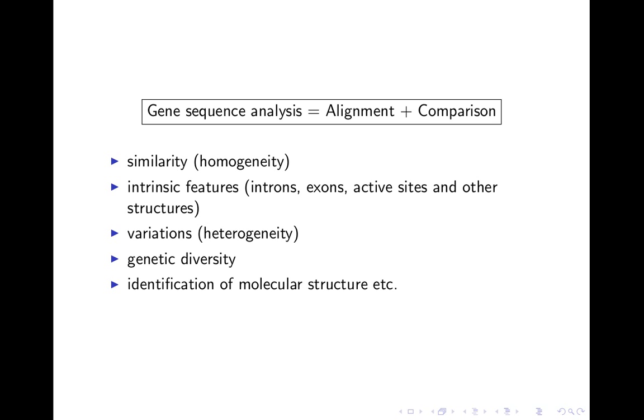And there is another thing: genomic analysis is also helpful in order to understand intrinsic features like the structure, in terms of the introns, exons, and active segments of the gene, etc. And we can also compare the variations. We call it heterogeneity, which is the opposite idea of homogeneity.